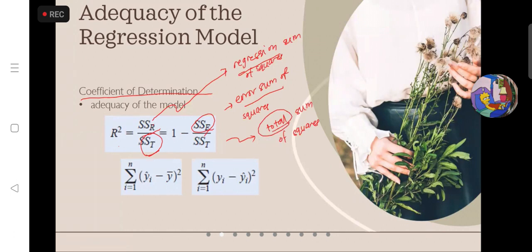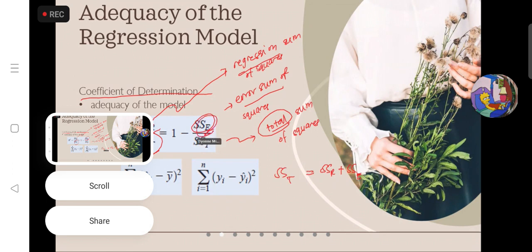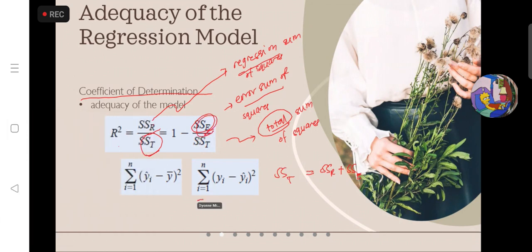To solve for the total sum of squares, we will just add SSR and SSE to get SST. To solve for SSE, again, it is the summation of y minus y hat squared. Therefore, this equation is our SSR. To solve for SSR, we will use y hat minus y bar squared.